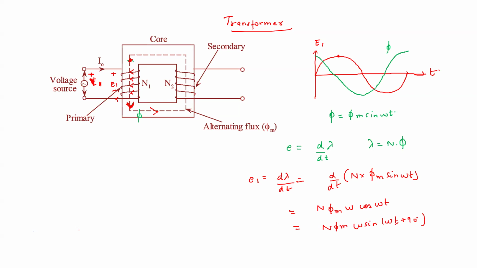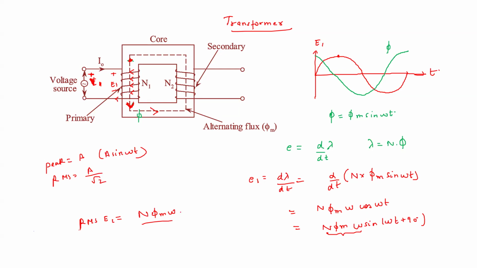Now if I calculate the RMS value of this E1, what is it? Because this is the peak value. You can appreciate that this is the peak value, right? The relation between the peak and RMS for a sinusoid is that if your peak is A in A sine omega t, then your RMS becomes A by root 2.